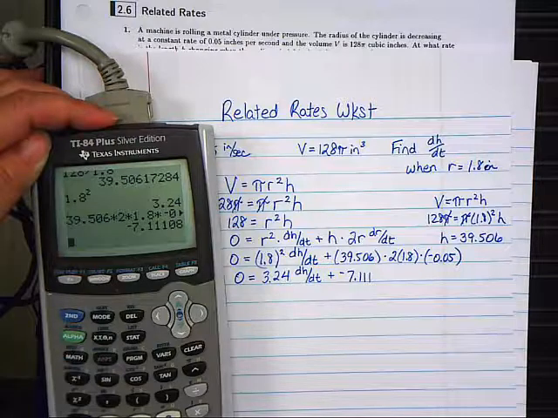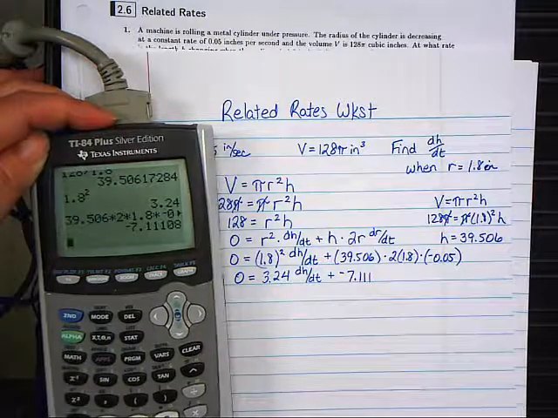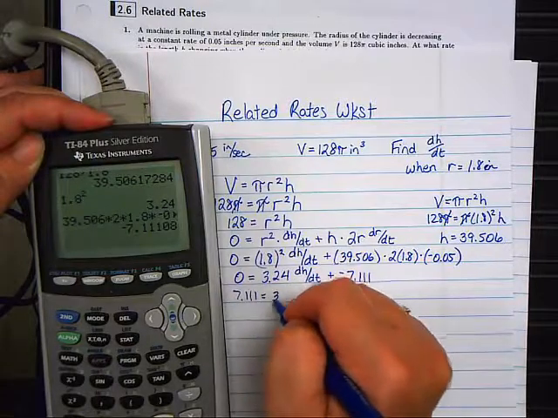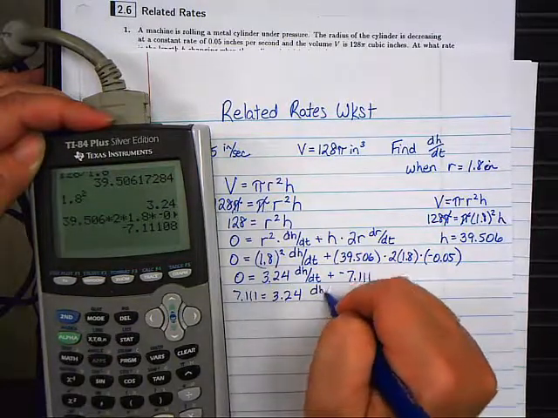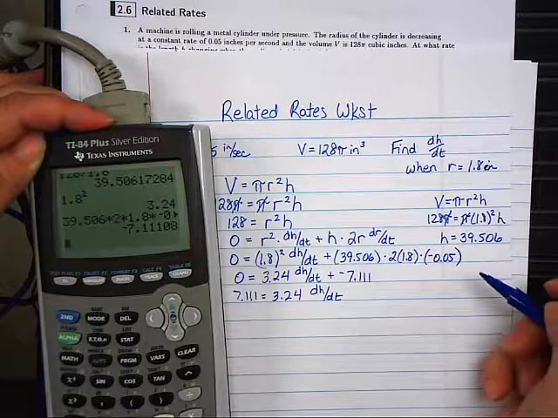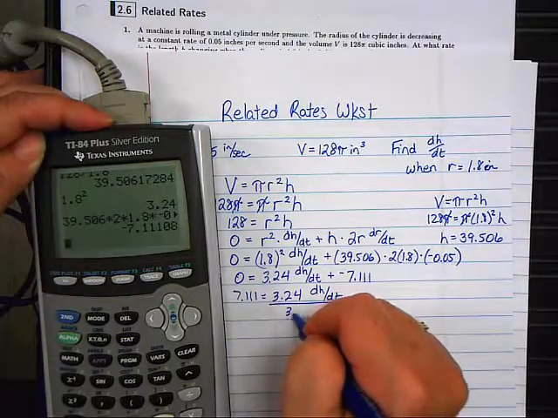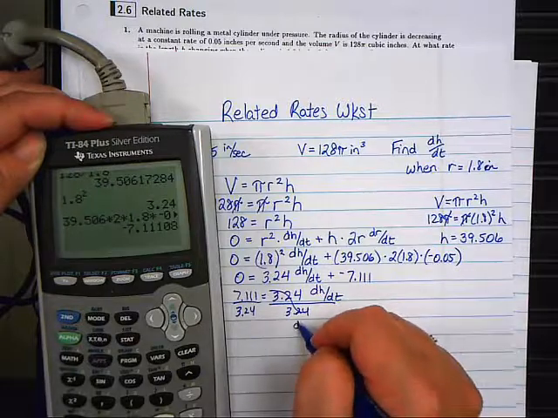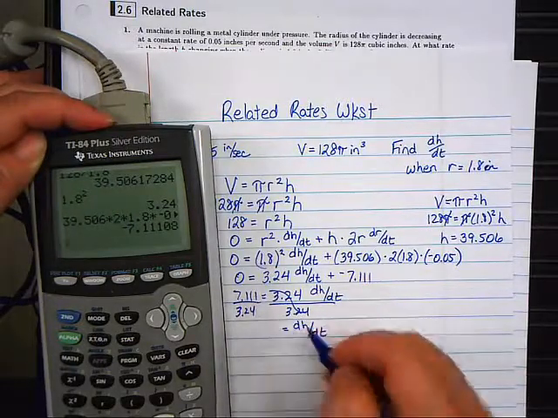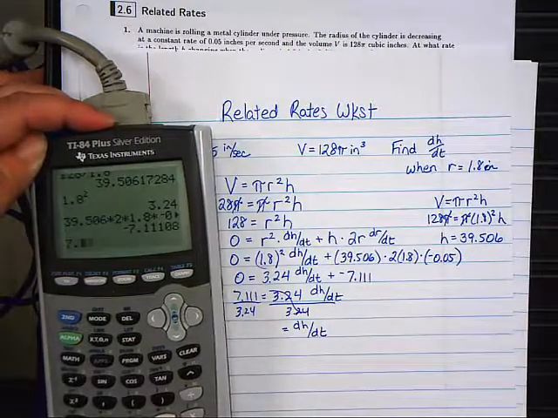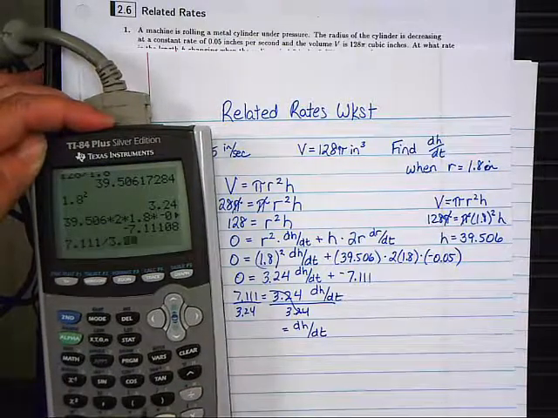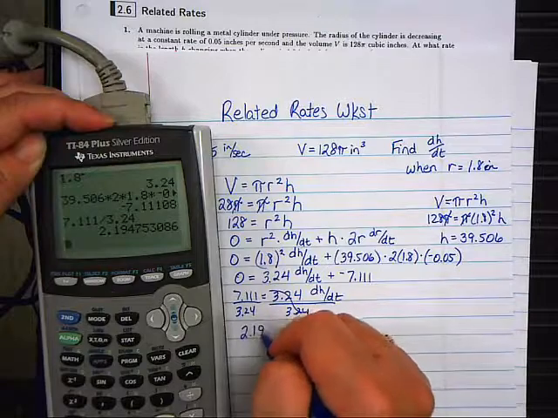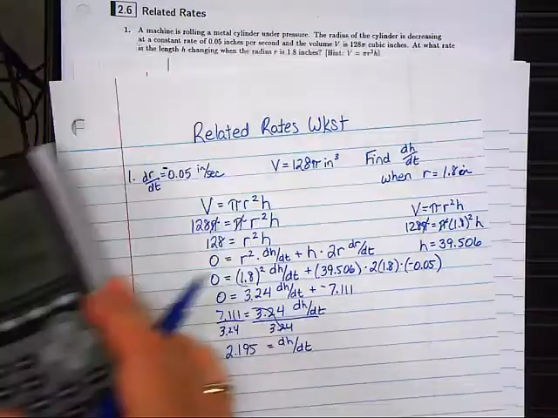Can you now solve for dh dt? Move the 7.111 over. 7.111 equals 3.24 dh dt. And then divide by 3.24. 7.111 divided by 3.24 equals 2.195 if I round it.